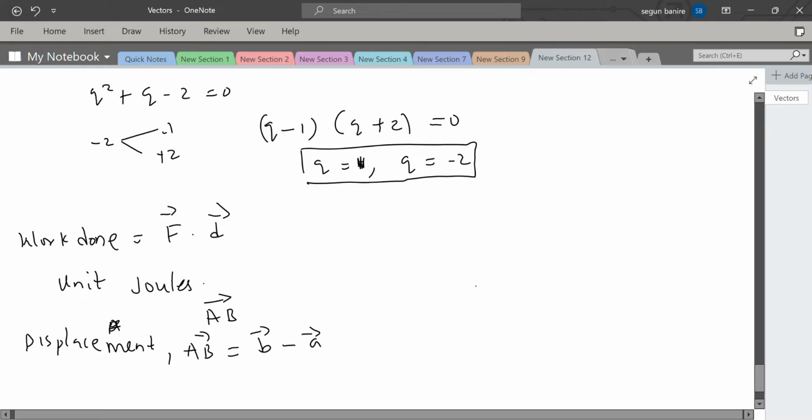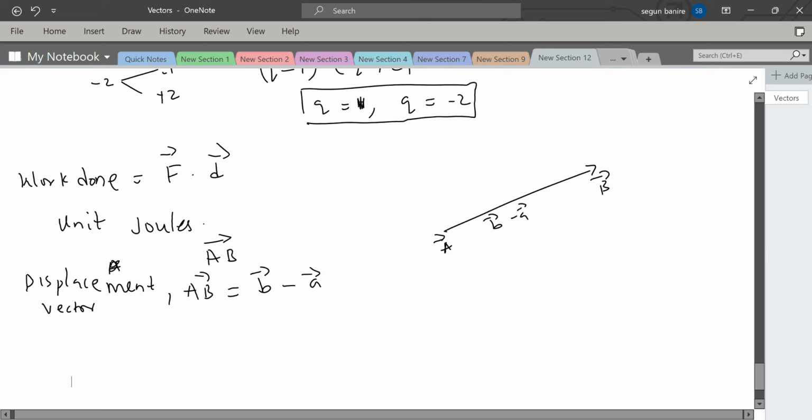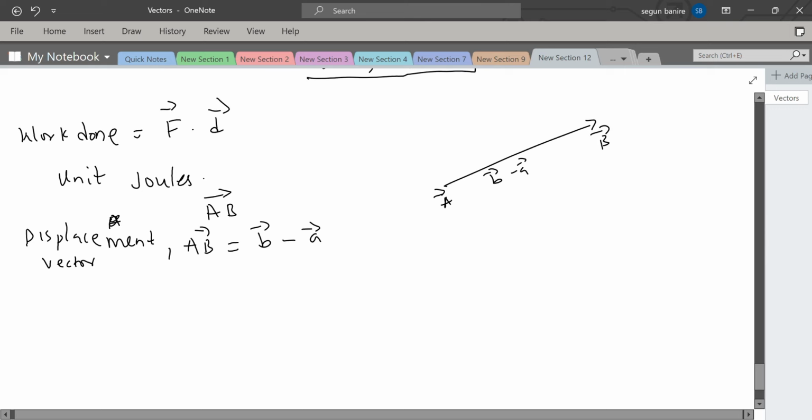And why is it like that? It's because if I have vector a and I have vector b, to calculate the distance between the two, it has to be b minus a. Do you get? So that is what we call the displacement vector.